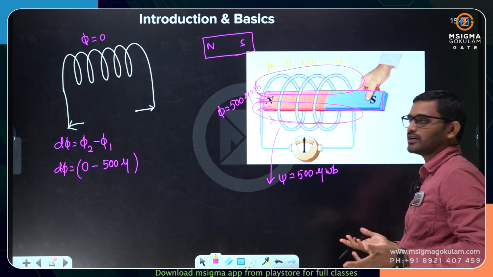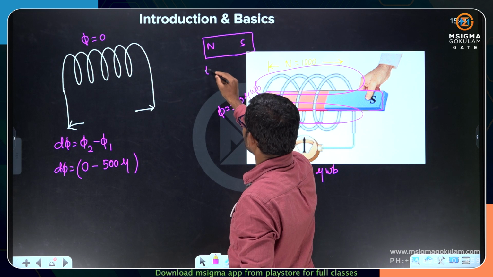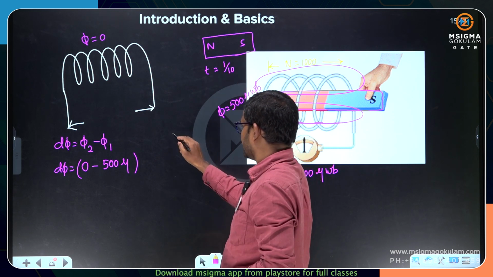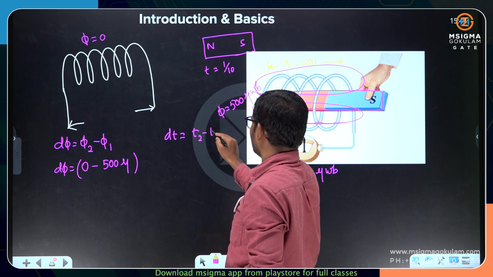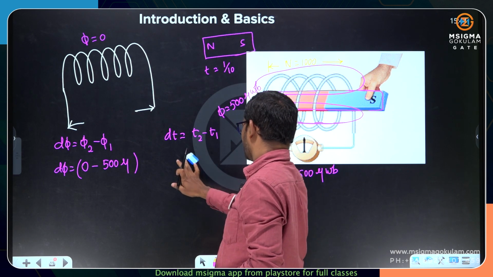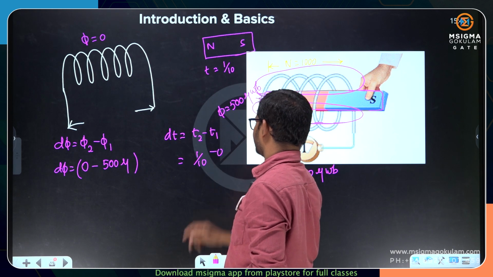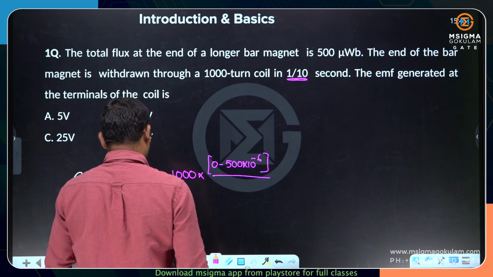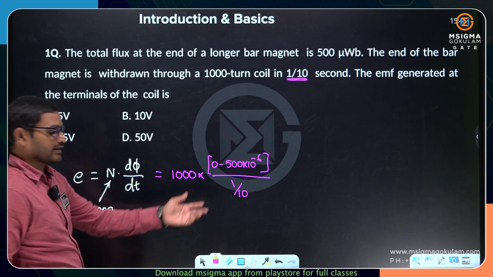So the change in time is T2 minus T1. If the initial time is 0, then the next time is 1/10, so dt is 1/10 minus 0. Substitute 1/10 second here and you will get the answer.